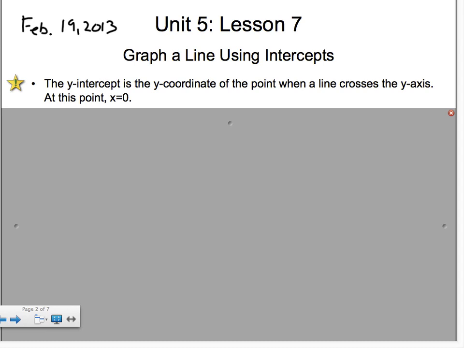Okay, so before we discuss this, what are the two ways that we've learned to graph a line already in this class? The two methods that we sort of did. Anybody recall what those two methods were? One of the two? Eric?